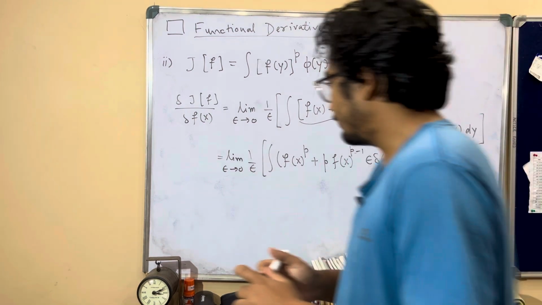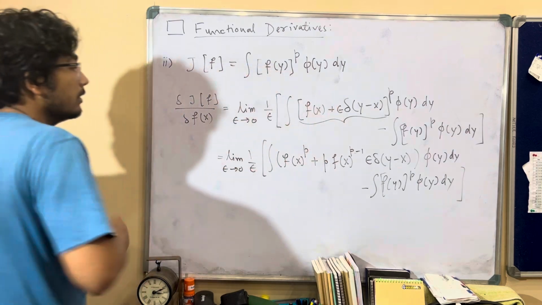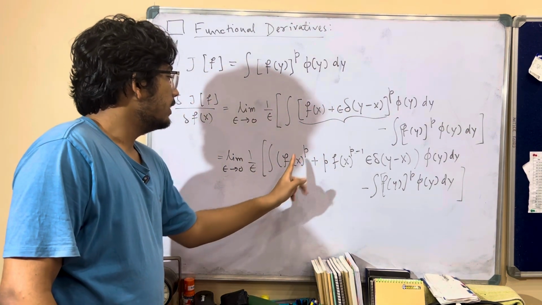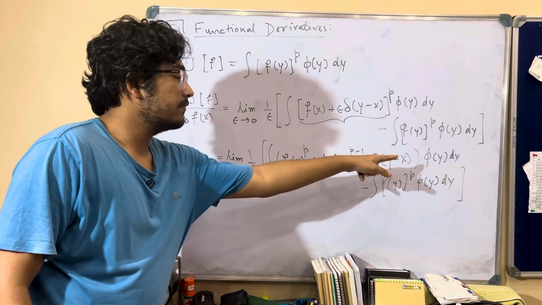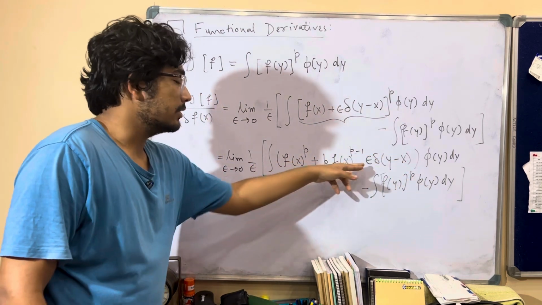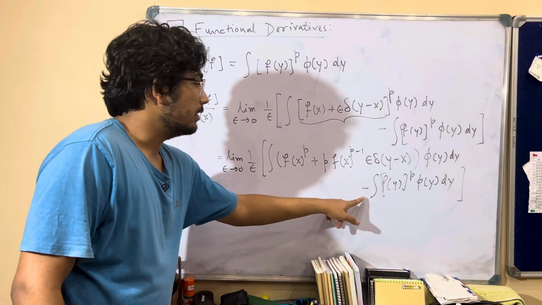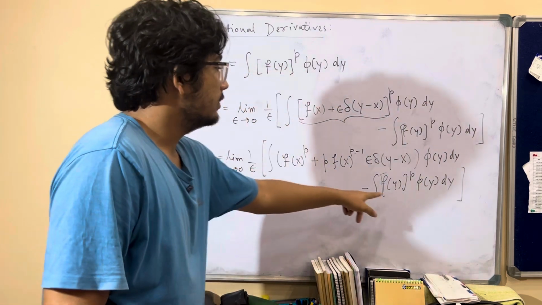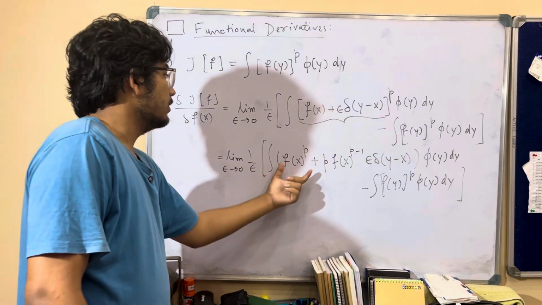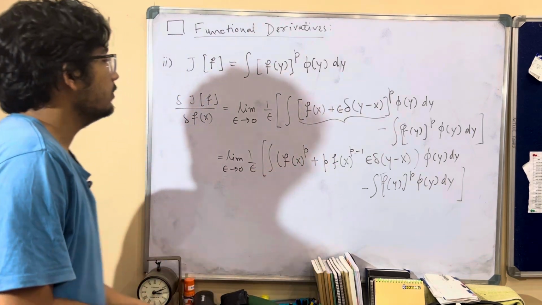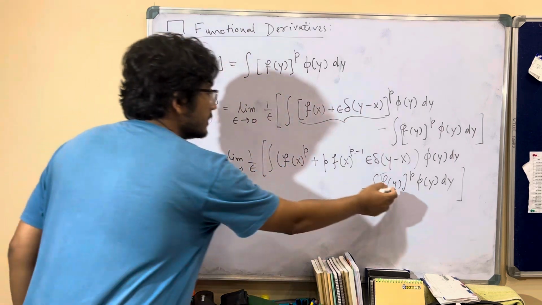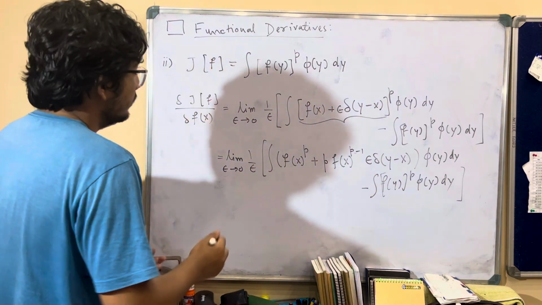Now you can see that we can simply integrate f of x to the power p times phi of y dy, and this term plus this term, integrating this term and then subtracting this term, which will be exactly equal to the first part of this first integral. Then this term and this term will exactly cancel out each other.